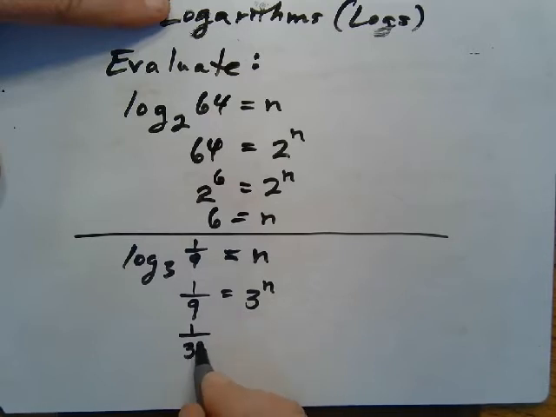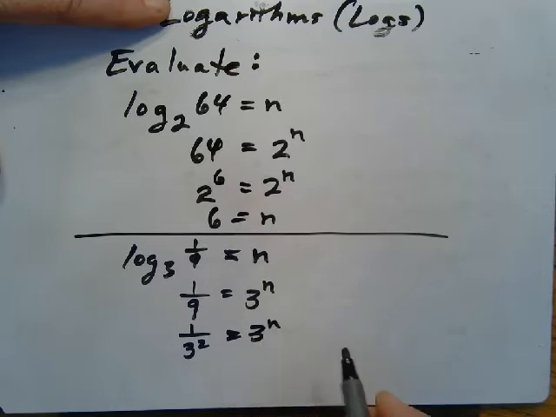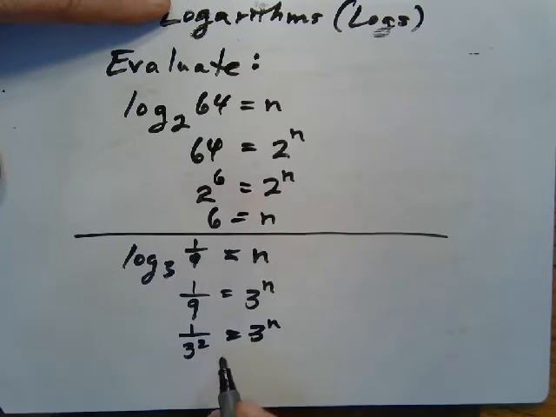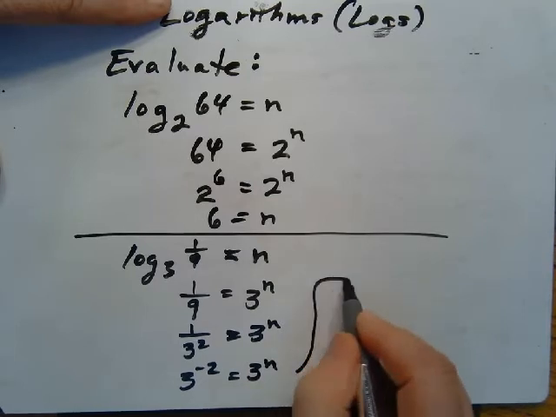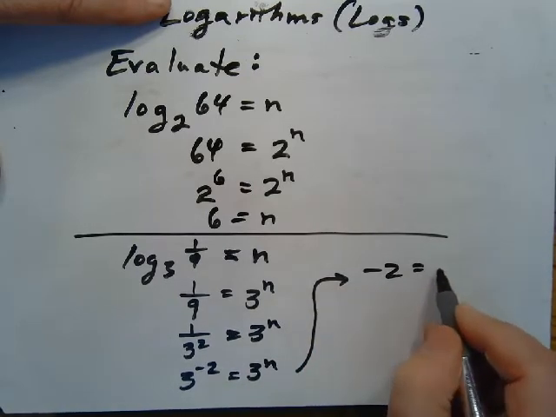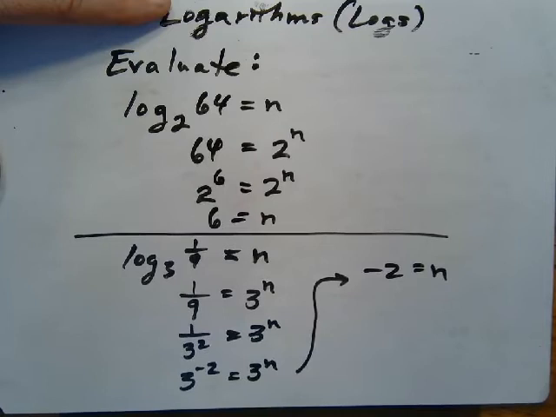This is 1 over 3 squared. Now, they don't exactly have the same base yet, but we can turn this upside down and call it 3 to the negative 2. Remember, we flip it over. We can turn this upside down and put the base up on top here, and now we can see that the answer here, negative 2, has to be n.